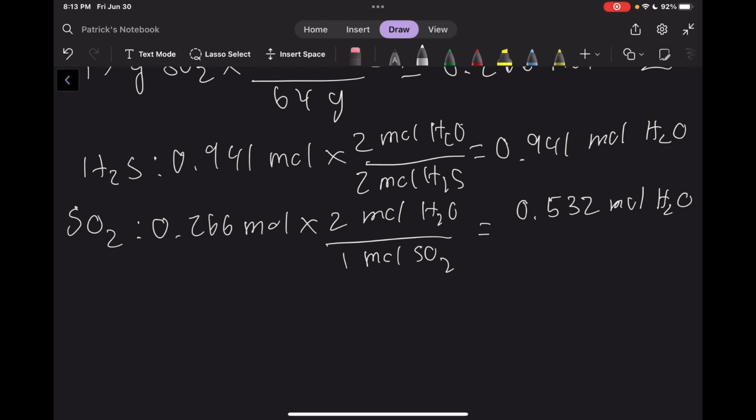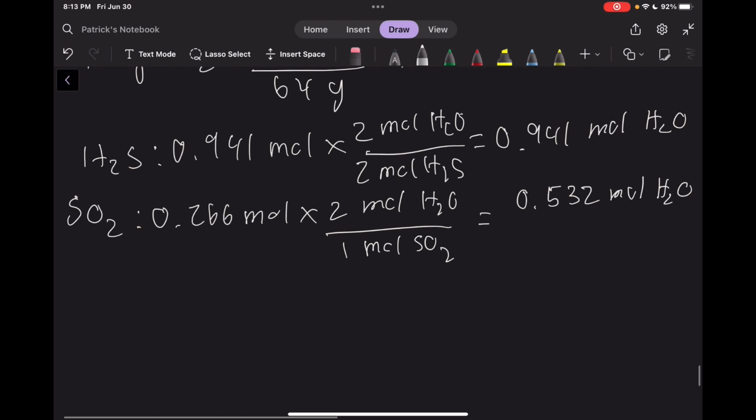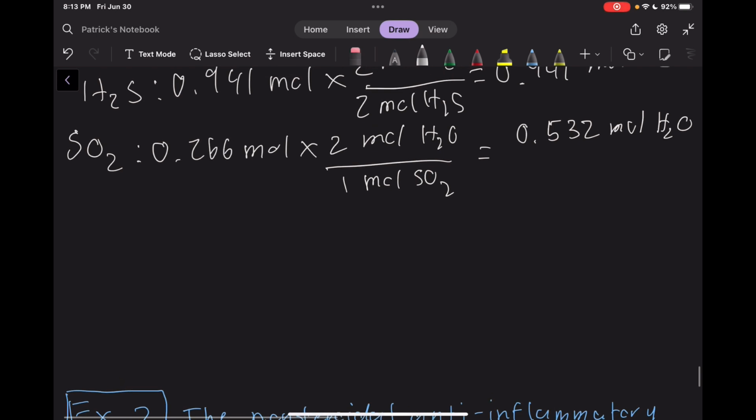What is our next step? Our next step is to find the theoretical yield per the chemical equation and the ideal stoichiometry we've just engaged in. All we need to do is convert 0.532 moles of water into grams. The molar mass of water is 32 grams per mole.